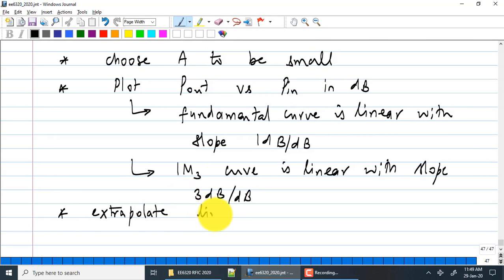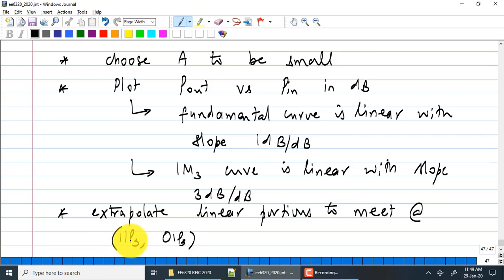Extrapolate the two curves to meet at this point.